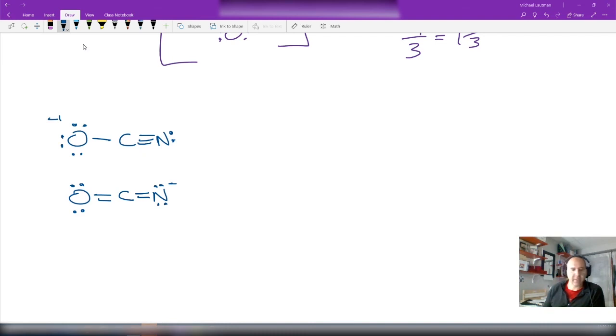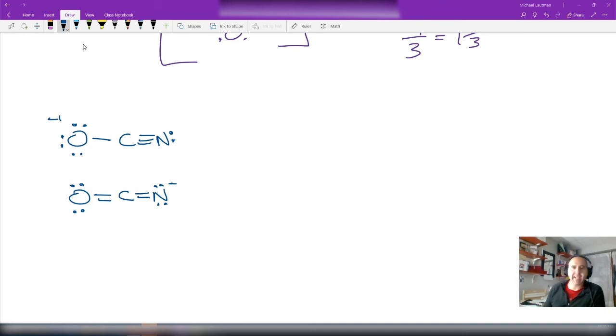So what that means is that the real molecule or the real ion of isocyanate is still going to exist as some hybrid between these 2 structures, but I can't be as sure about, say, what the bond order is going to be. I don't really know. It's going to still be in between.